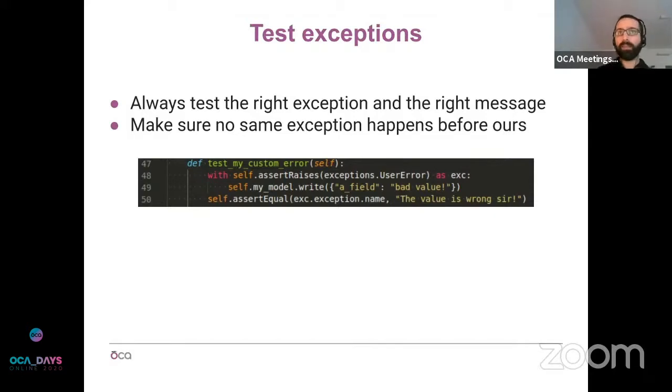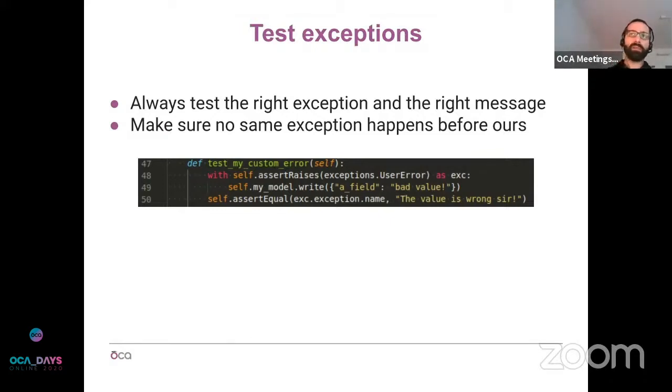This is okay, but my recommendation is to always test that it's your real exception, because several times it might happen that you are expecting, like in this case, a user error to be triggered, but you might not be the only one using that error.